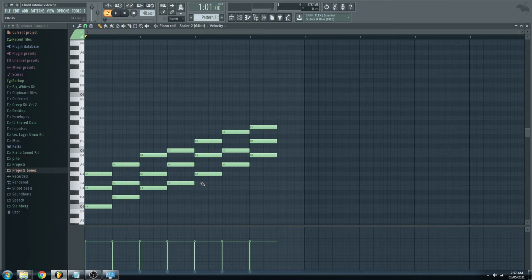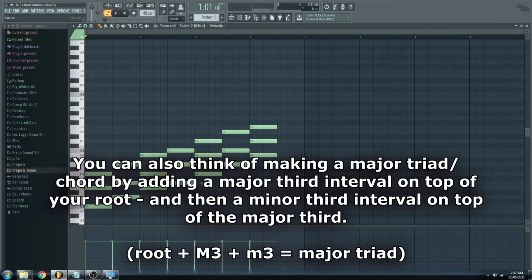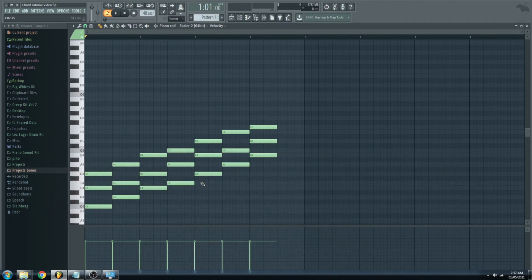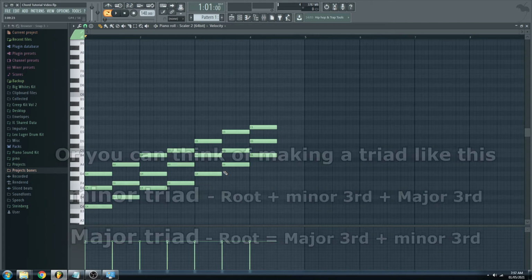You have the root note of the chord you're playing and then a third interval. 3 semitones above your root is minor. 4 semitones above your root, major. And then you add the fifth, if you're playing the one chord, the fifth note of the scale, or you can think of the fifth being 7 semitones above the root note of the chord, okay?